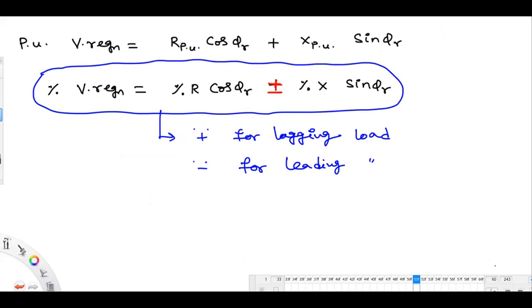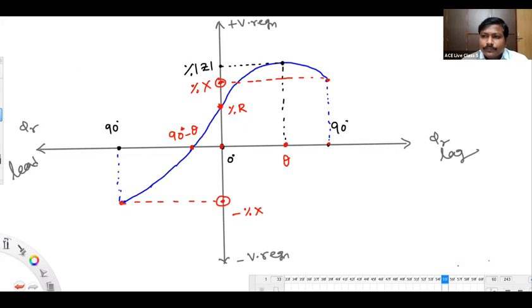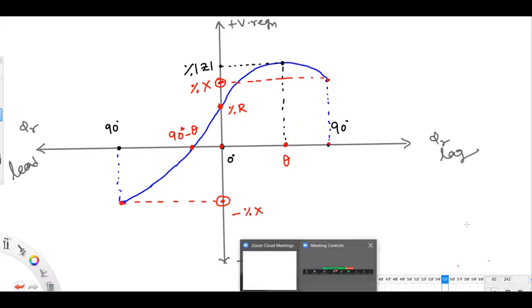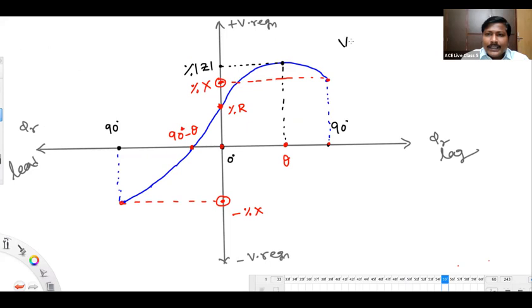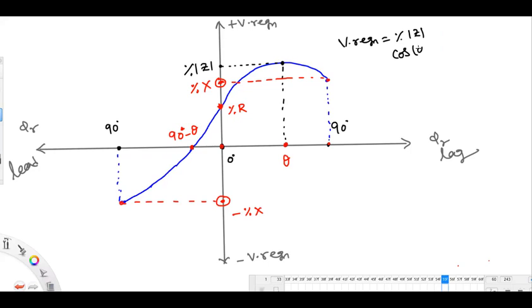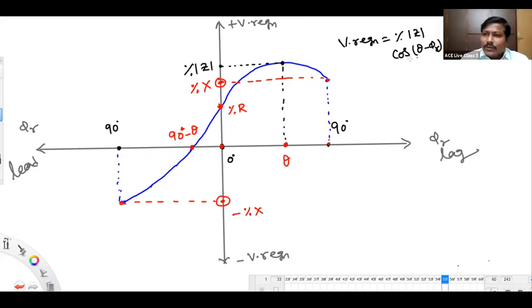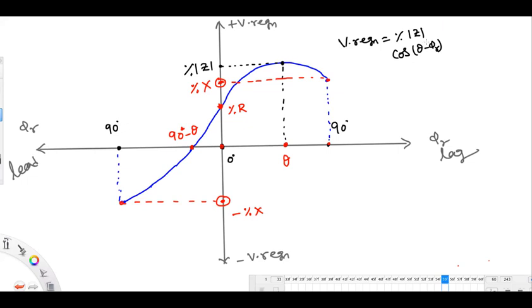And then in previous years, sir, how did you get the percentage X at 90 degrees? Could you explain? In case of the lagging side, what's the voltage regulation formula? Percentage Z cos of theta minus phi r. Yes, sir. If you keep phi r equal to 90 degrees, you get cos of theta minus 90, which is cos of 90 minus theta, so sin theta.